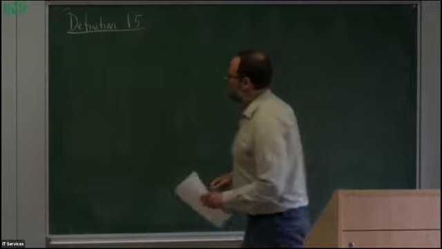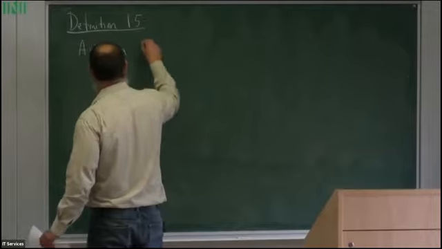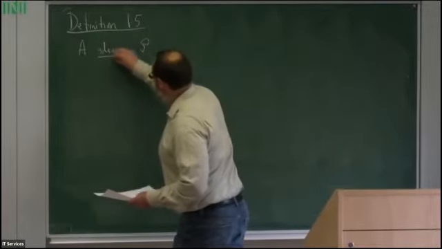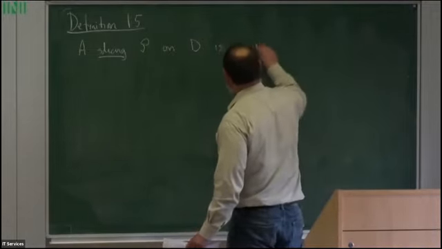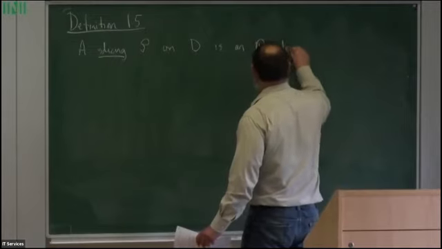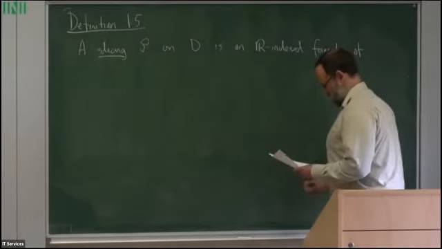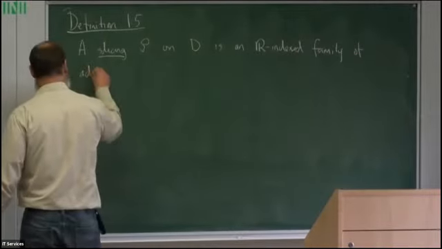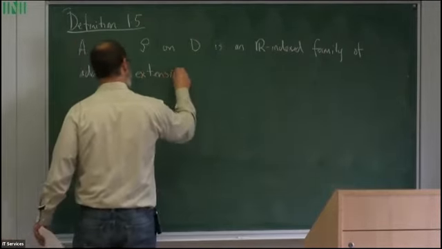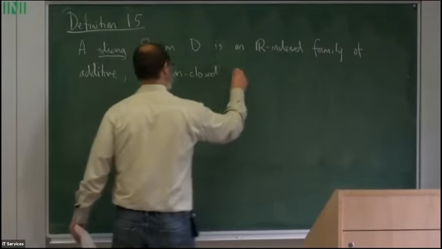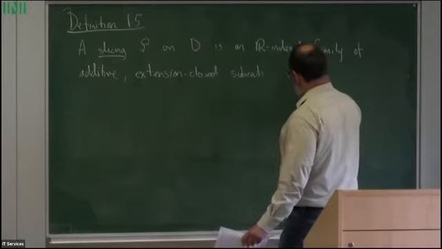A slicing P on D is an R-indexed family of additive extension closed subcategories such that the following conditions hold.